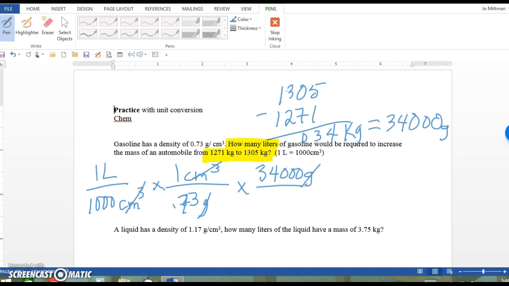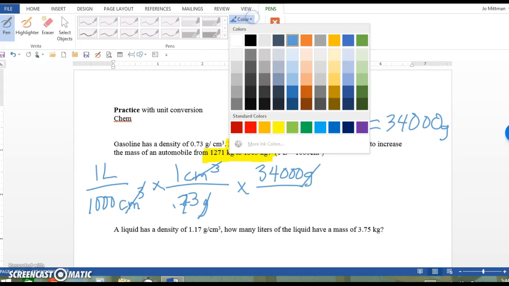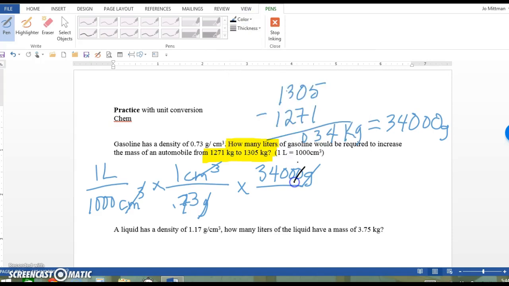And so you can cancel out some zeros, because I have 3 zeros here, 3 zeros here. So really my answer is whatever 34 divided by 0.73 is. That's one way to approach it, with the answer being listed first.